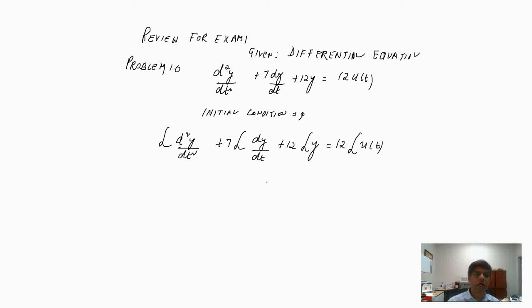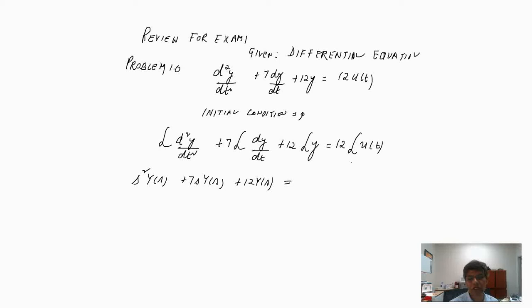As we recall, we refer to that golden Laplace transformation table that we have talked about a couple of times since last week. In the s domain, the left hand side will be s squared Y of s plus 7s Y of s plus 12 Y of s.